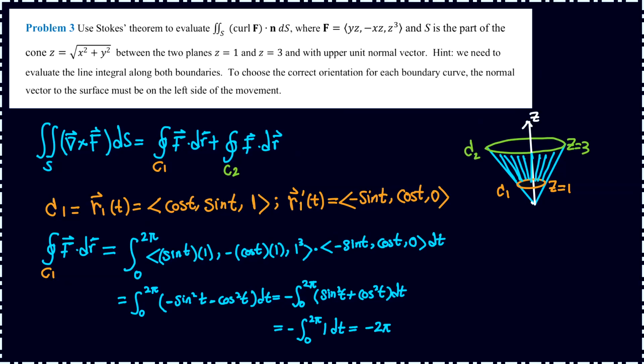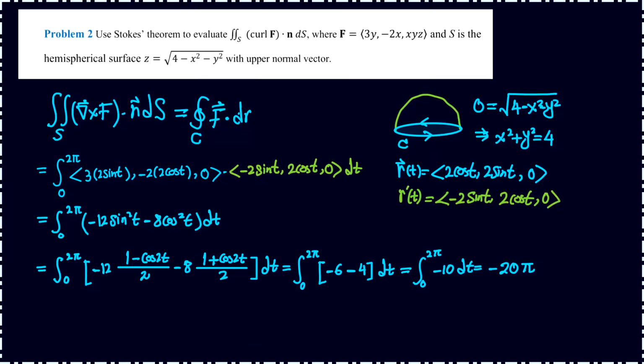And if they ask you to find this integral, don't do it directly. They're saying use Stokes' theorem to find this integral. So instead, we do the line integral. We saw that in the other example here.